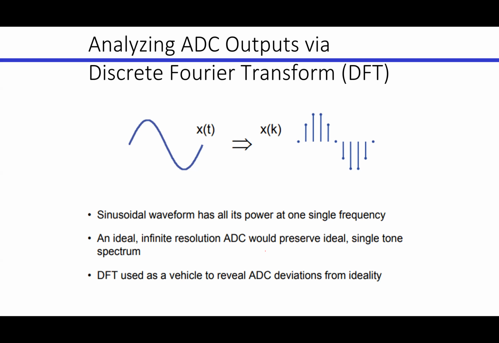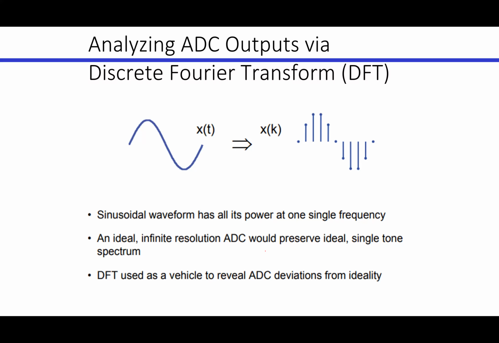So basically, the DFT tells us the spectrum of a signal. It tells us the frequency content of the signal. Ideally, if I apply a single-tone sine signal at the input of my ADC, I should expect to also get a single tone at the output of my ADC, but that is not the reality.